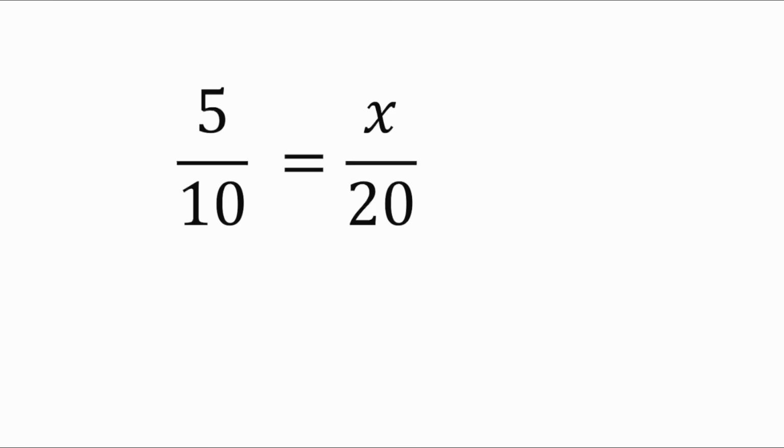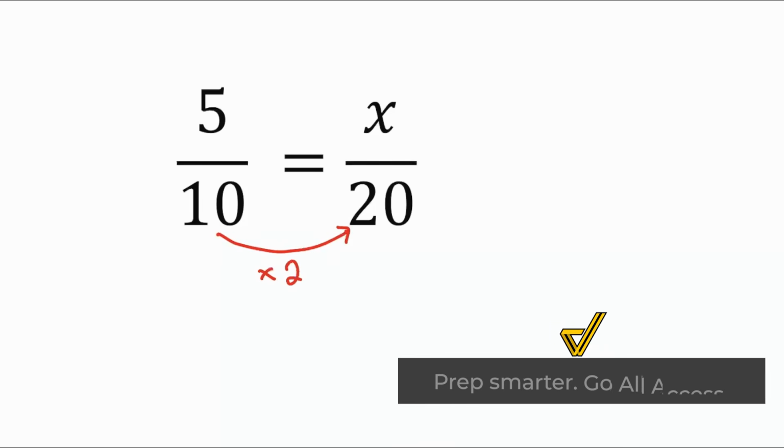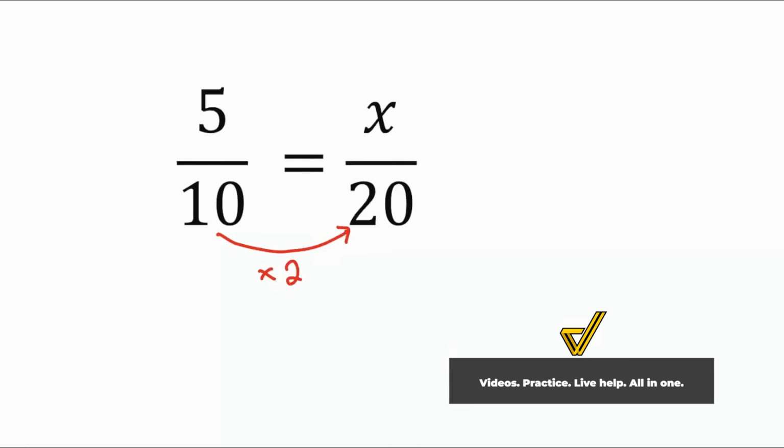Everybody, if I wanted to go left to right to get to x, I can try going left to right over here and see if there is a convenient comparison. Is there a convenient way to go from 10 to 20? Yeah, that's going to be times 2. So we can write that comparison like that. And just remember, whatever we do on the bottom, we're going to do on the top.